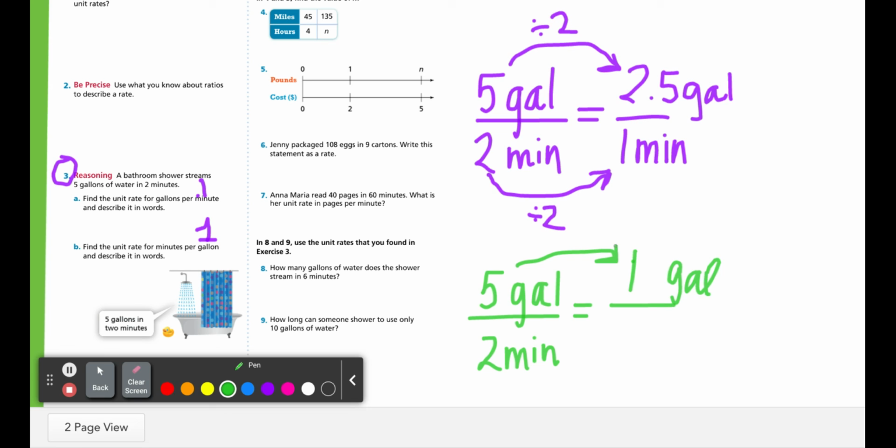So how do you go from 5 to 1? Divide by 5. Whatever you do to the top, you have to do to the bottom. Divide by 5. 2 divided by 5 is 0.4. So 0.4 minutes.